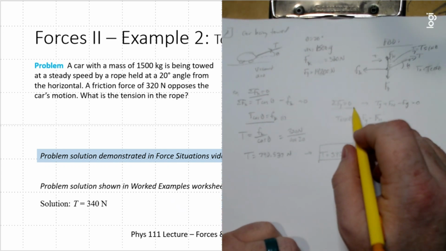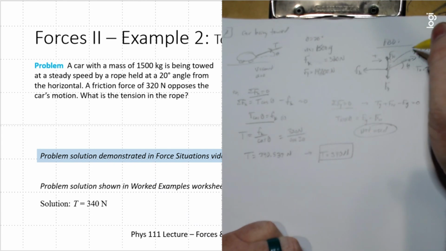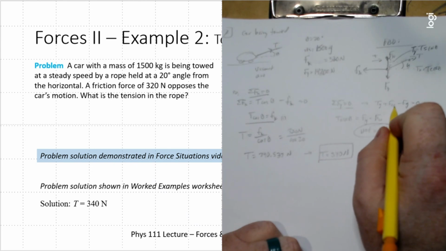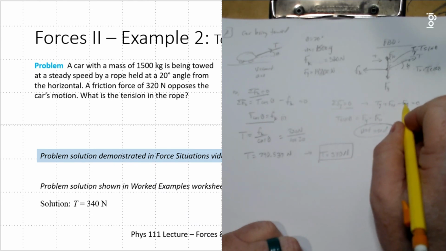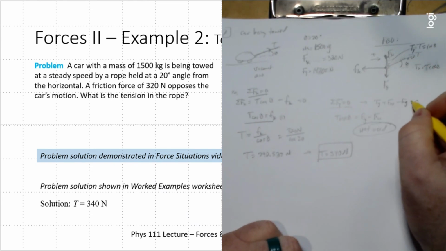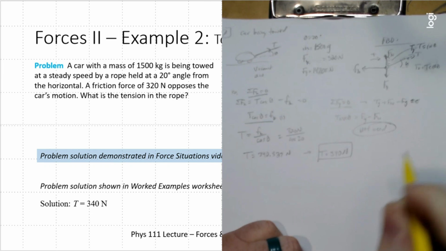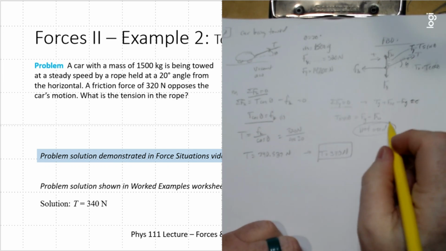For the y components, we see that the Ty component plus the normal force minus the gravitational force gives you 0, which leads to no acceleration, and we can rearrange this.